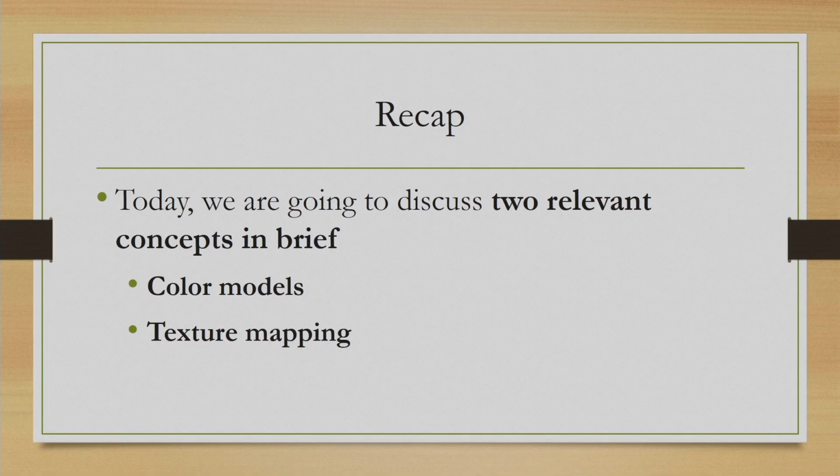So, two of the concepts that are part of third stage will be discussed today. One is color model, other one is the texture mapping. And with the discussion on these two topics, we will conclude our overall discussion on the third stage of the graphics pipeline.